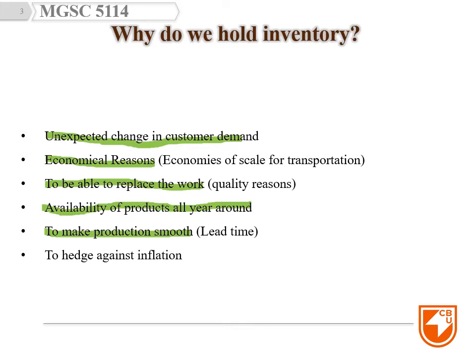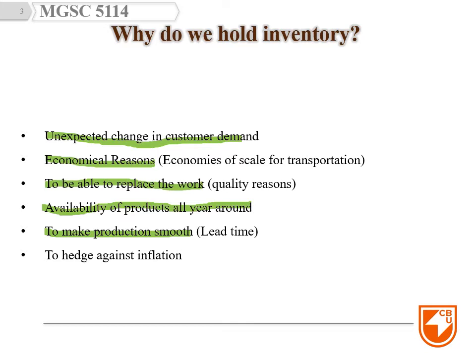So if we don't take care of the demand while we have ordered the product, we might be out of stock and our production could face shortage or the challenges related to that. So that's why we normally keep a little bit more inventory while we have ordered.